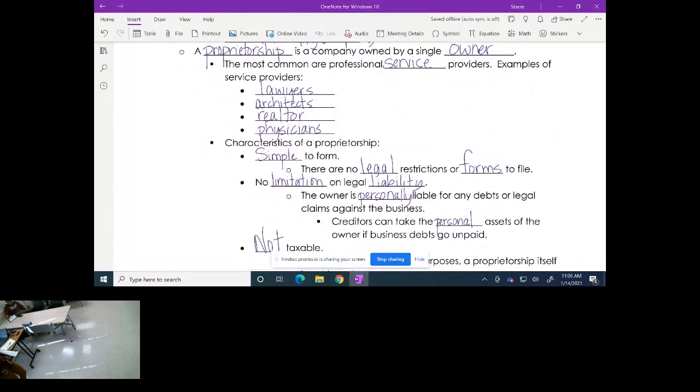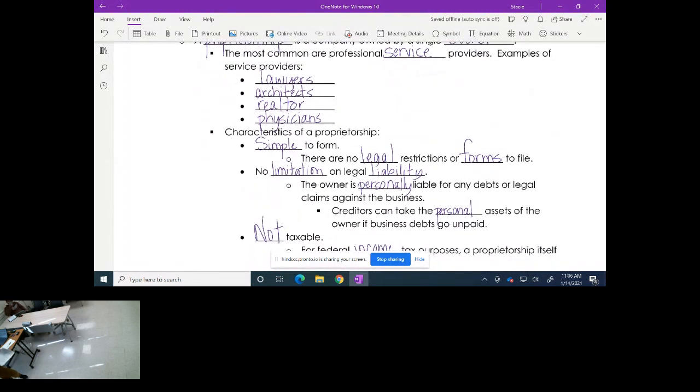All right, so proprietorships are easy to form. You don't have to fill out a bunch of paperwork. But the problem is there's no limitation on your exposure. If your business gets sued and you don't have enough insurance to pay the claim or the award, then your personal assets are up for grabs.